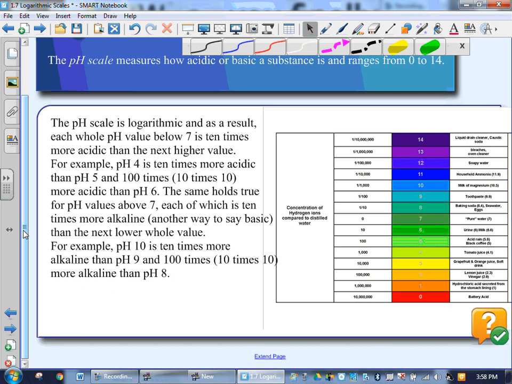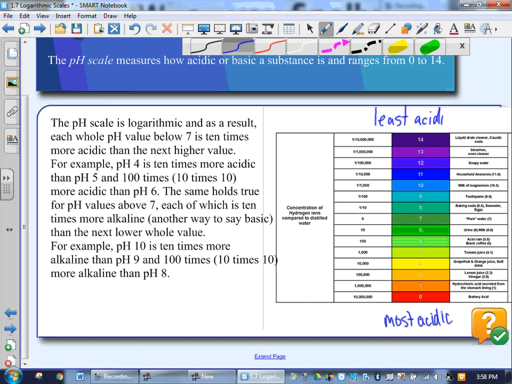As we notice in the chart on the right-hand side, the things that are the most acidic are actually at the bottom. The things that are the least acidic are at the top of the chart and have the largest pH.